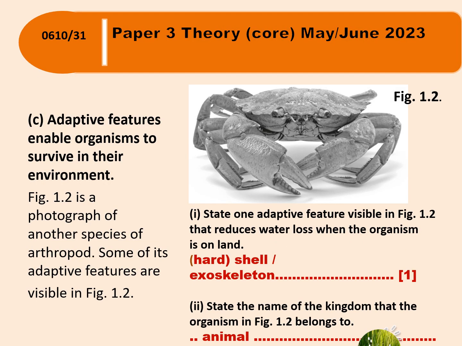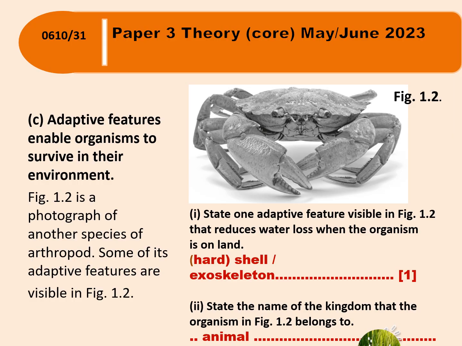Question. Adaptive features enable organisms to survive in their environment. Figure 1.2 is a photograph of another species of arthropod. Some of its adaptive features are visible in figure 1.2. Part 1 is state one adaptive feature visible in figure 1.2 that reduces water loss when the organism is on land.